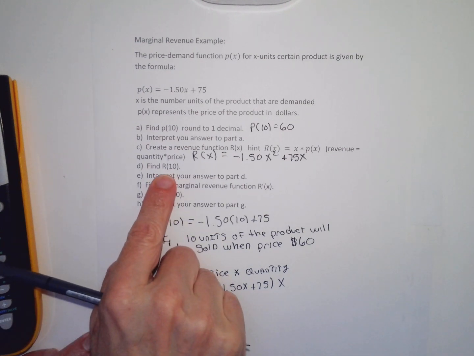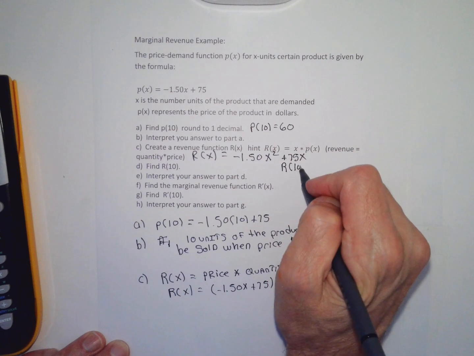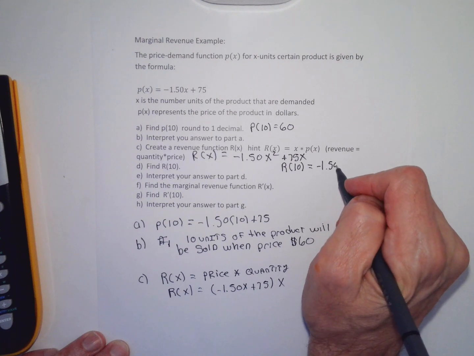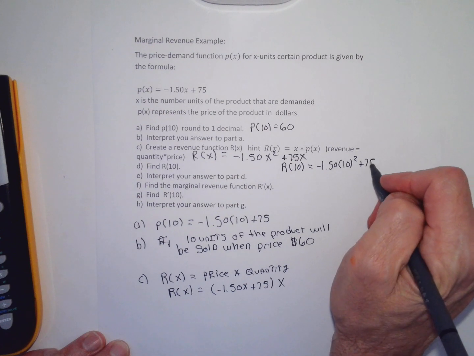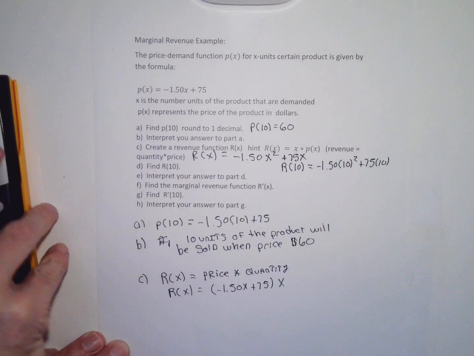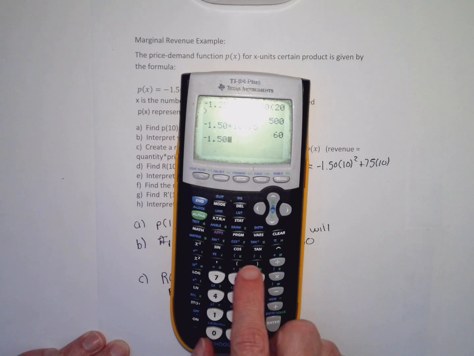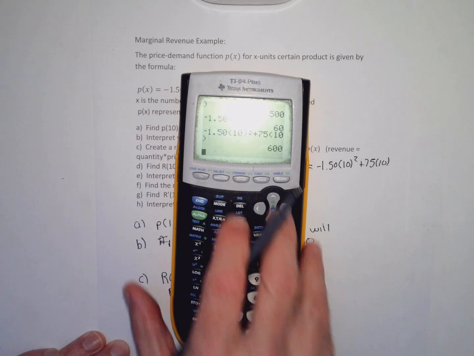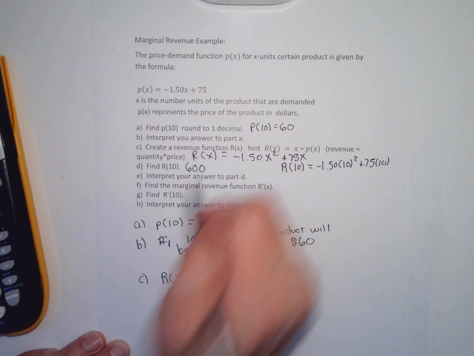Part D wants me to find R of 10, so I'm just going to do the total revenue for selling 10 units of the product as negative 1.50 times 10 squared plus 75 times 10. The number answer is 600. For part D, the number is 600.